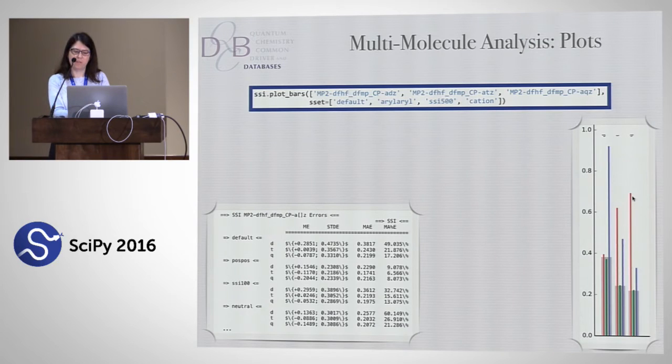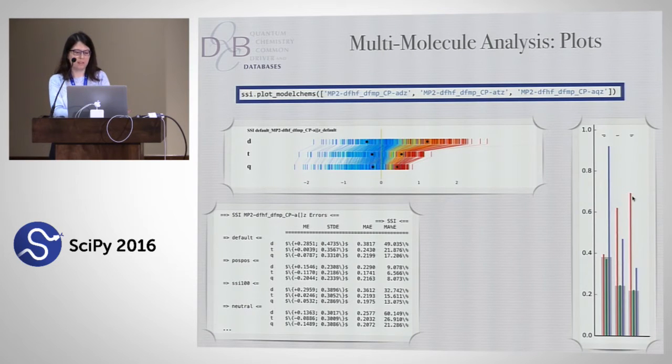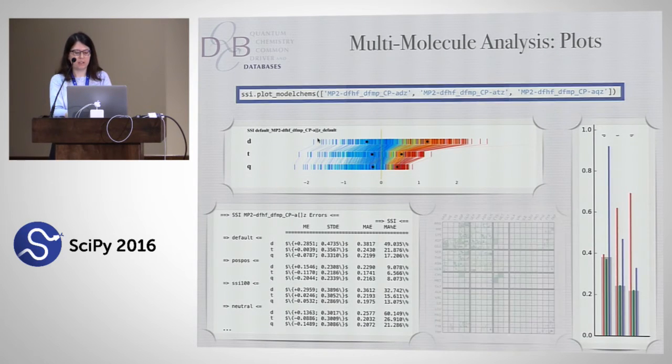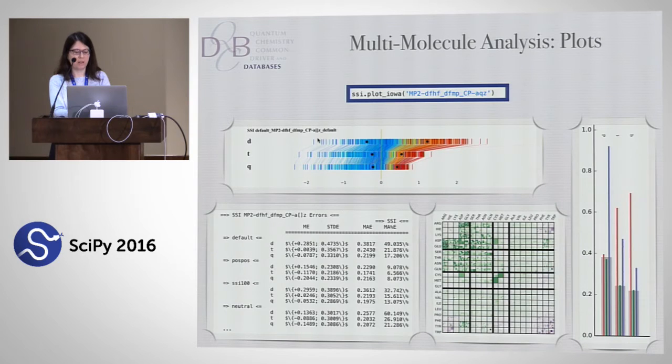To look at the errors for individual members of a chemical database, we can use these plots I call thread plots. It makes it easy to trace a single database member between the model chemistries that you're examining. It's useful for outliers. And then for some databases, you can actually first partition by structural motif.